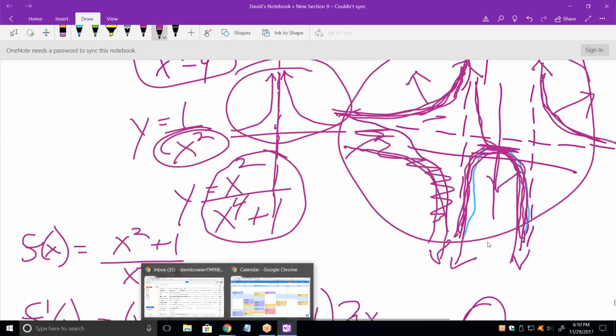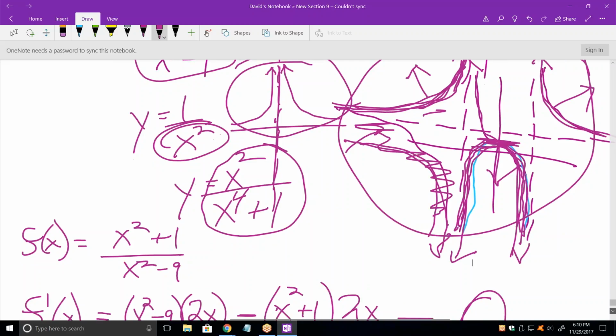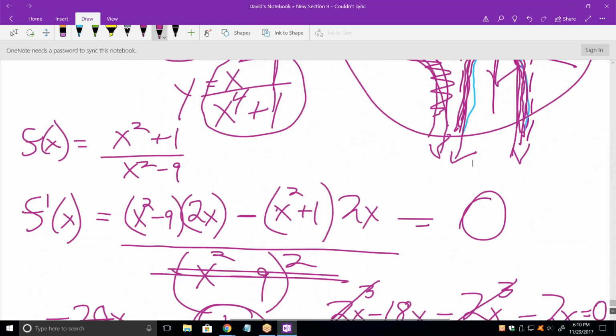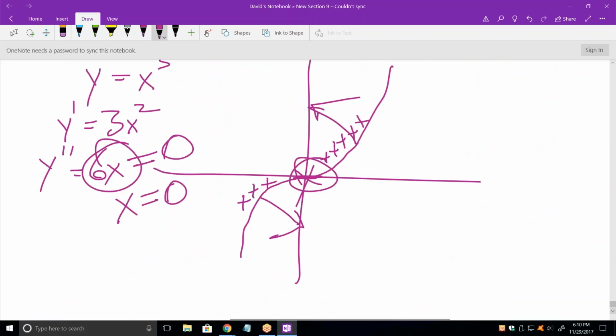All right, I think we've killed that problem to death. I think so. These I'm probably going to have to send you a picture of. He likes to give us some where he shows us the graph of the first derivative.